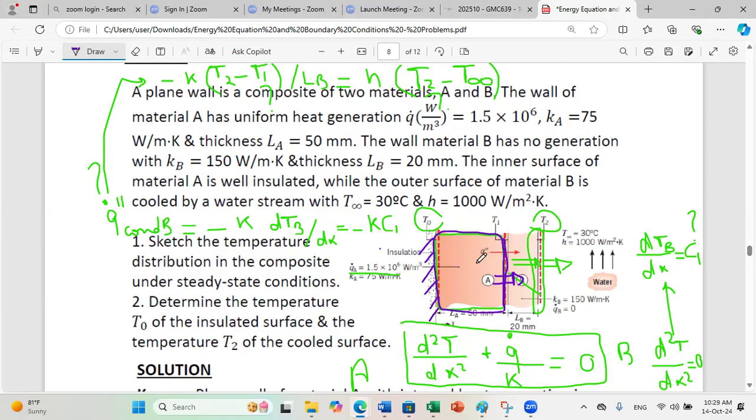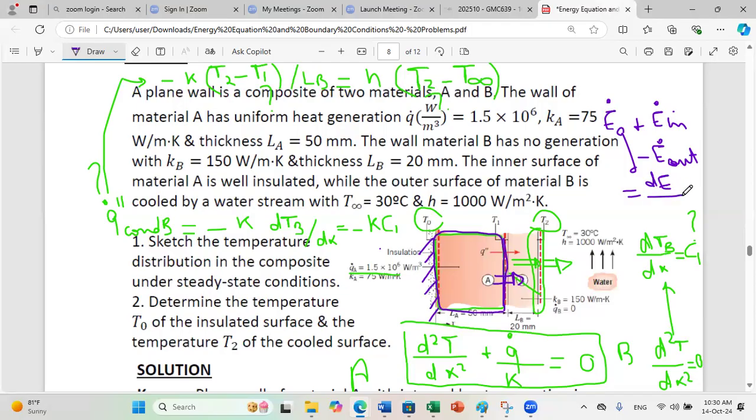So what can be your equation? You can say that the general equation in steady state, for a certain control volume, is E dot generated plus E dot in minus E dot out equals 0. In the general case, it's equal to the derivative of energy stored with respect to time.